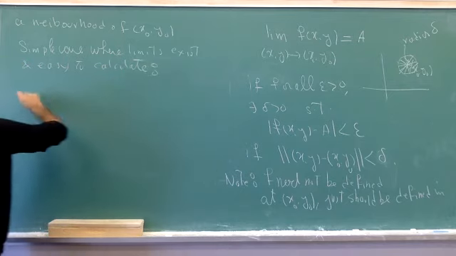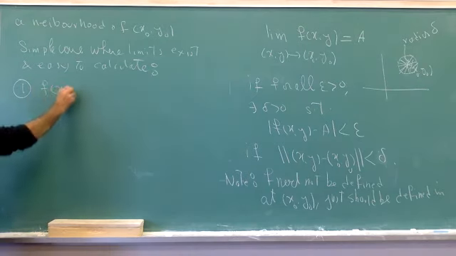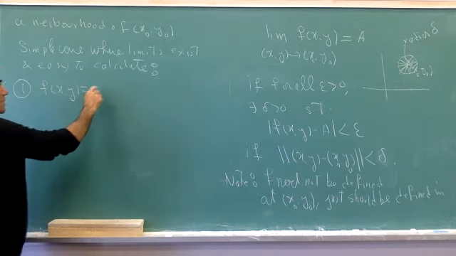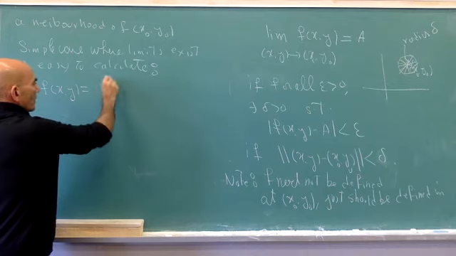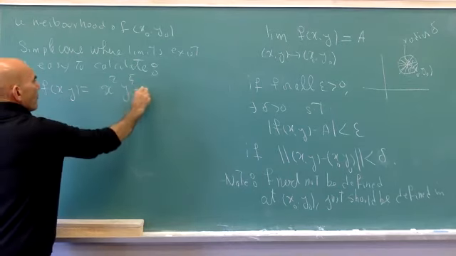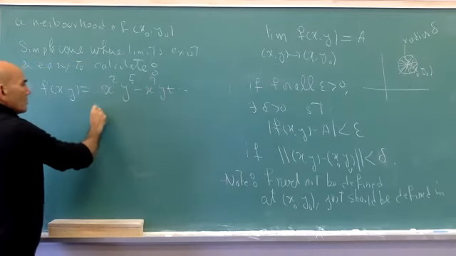So, for example, imagine you have a polynomial function, something like x squared y to the fifth minus x cubed y, just a polynomial.